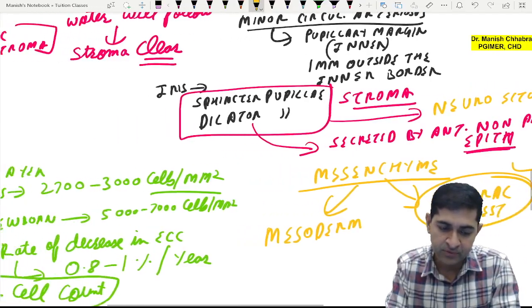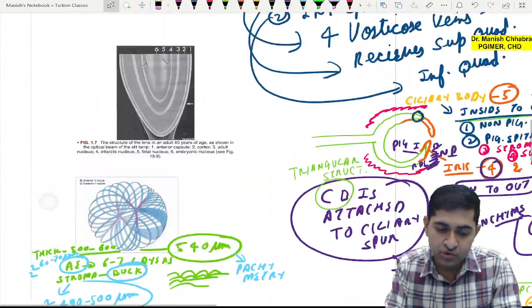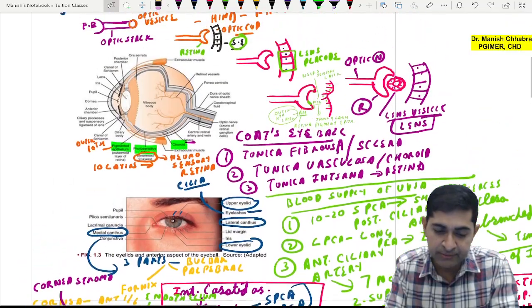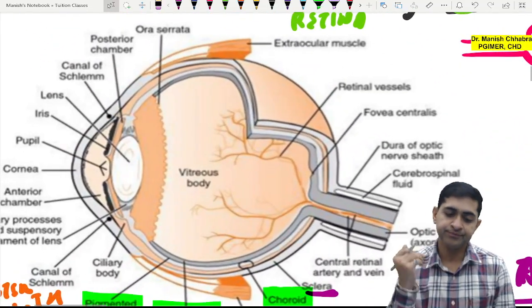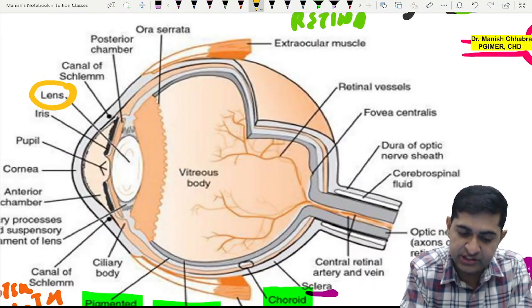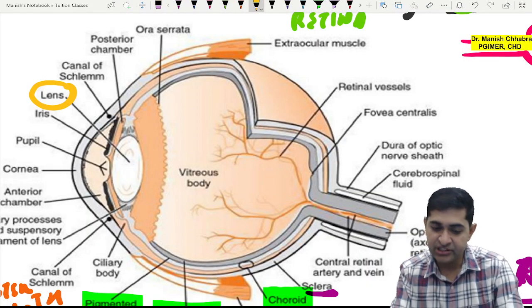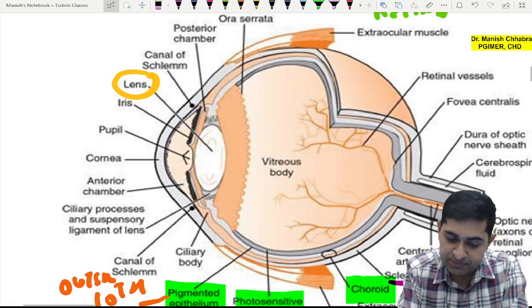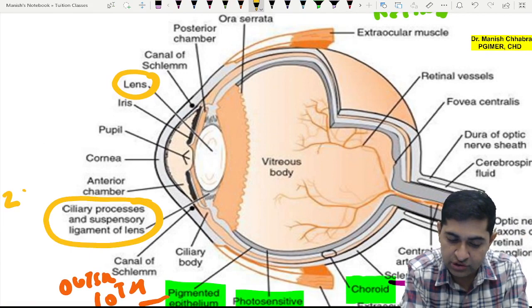All right, now coming to the image. You can appreciate there is a structure which is the lens, and it is held by the suspensory ligaments. You call them lens zonules.